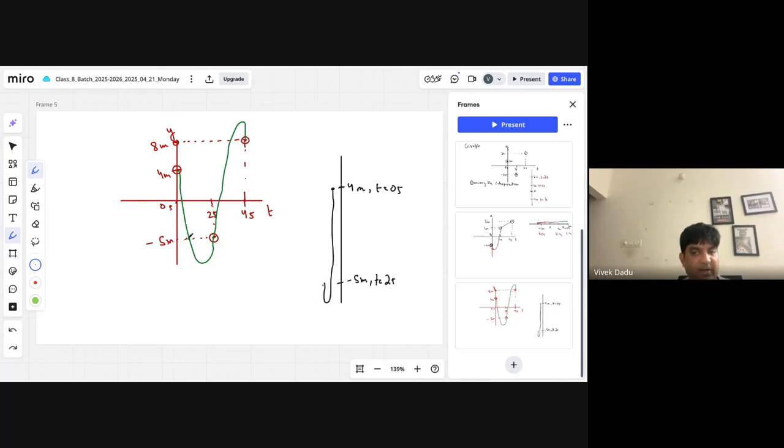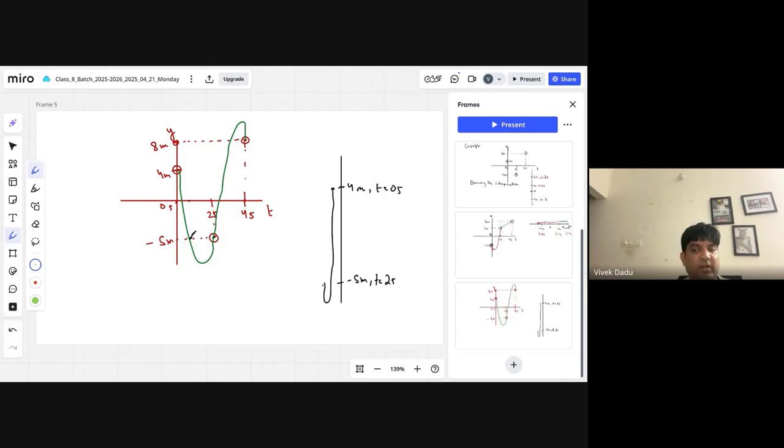See, he was at -5 meter here. Look, guys. When time was something here, then he was at -5. And then when time became 2 seconds, he was again at -5. So when you say t equal to 2 seconds, which one are you representing? This point or this point?